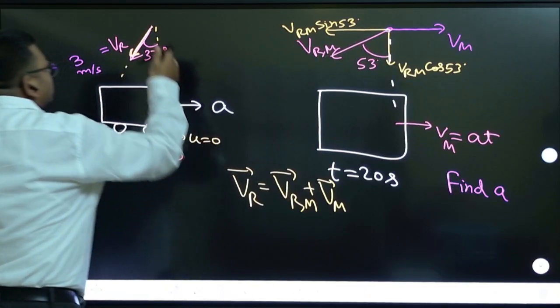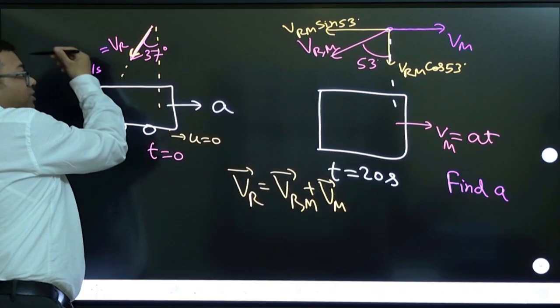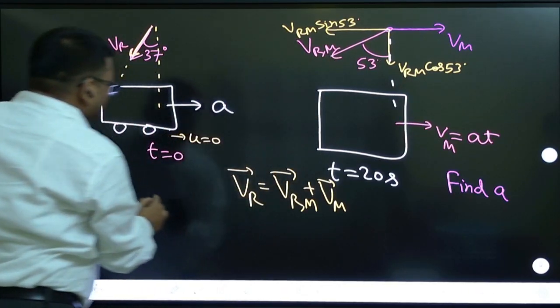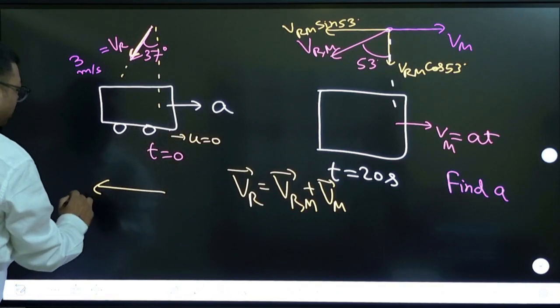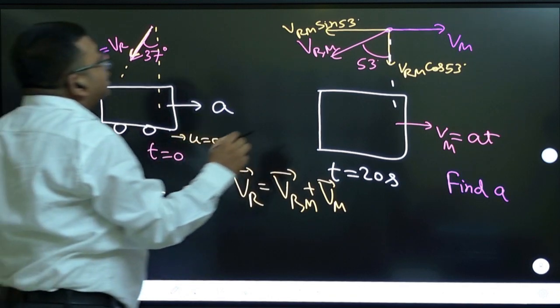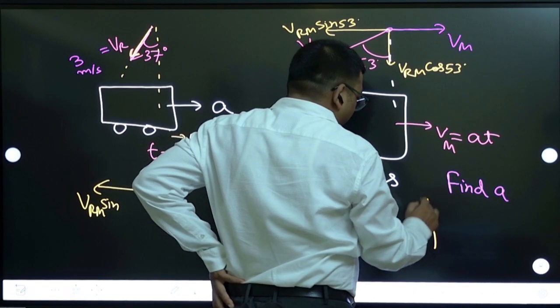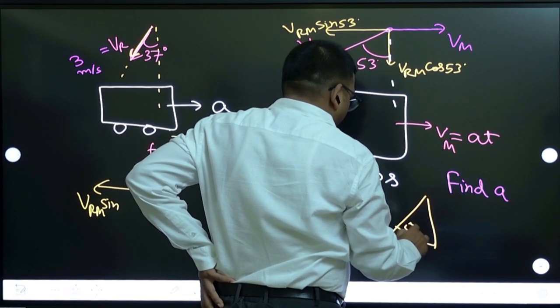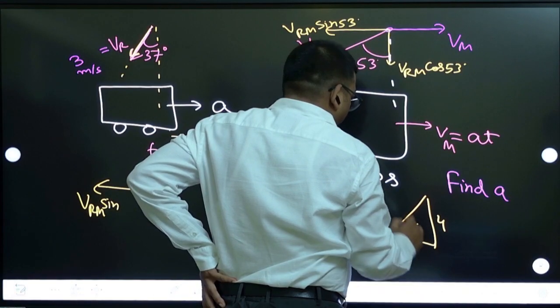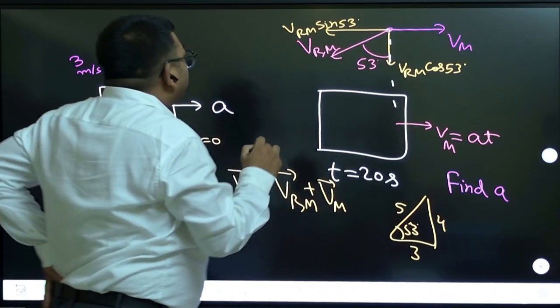Note that the resultant is coming this way, so the resultant horizontal will be on the left side. So that will be VRM sine of, tell me, what is sine 53 degrees? 4 by 5. So this is 4 by 5 VRM.